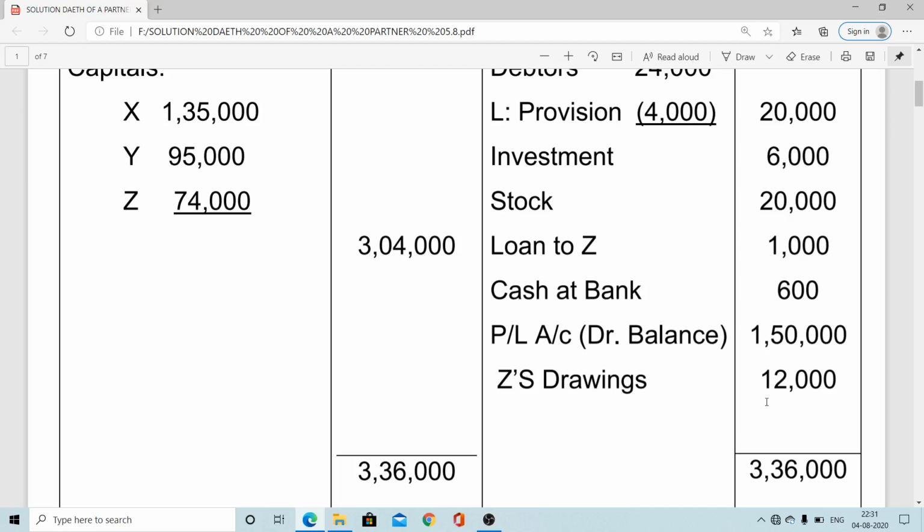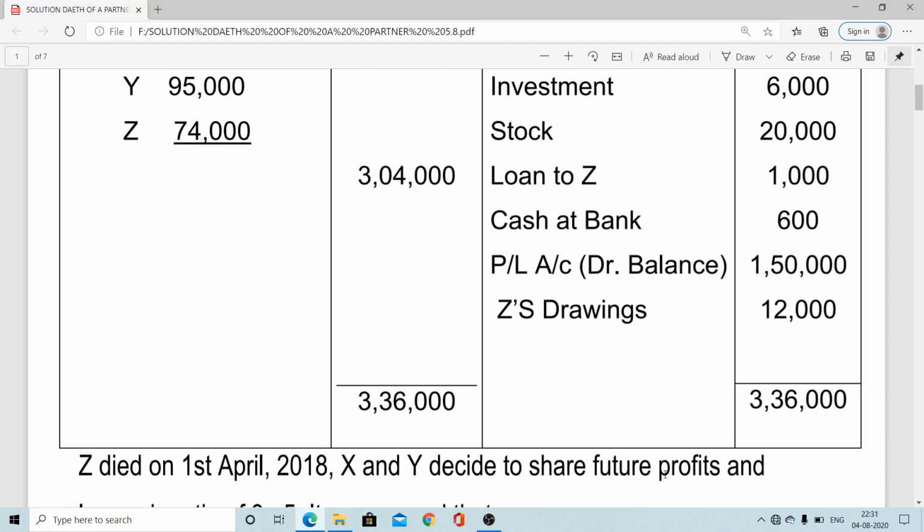So drawing of Z 12,000 is there. So in one way Z is taking a loan from the firm, and again the partnership firm incurs loss. Again Z withdrew from the business 12,000, maybe 1,000 per month, like that. But ultimately, in the last balance sheet, his total drawing is 12,000. So both sides show 3,36,000.